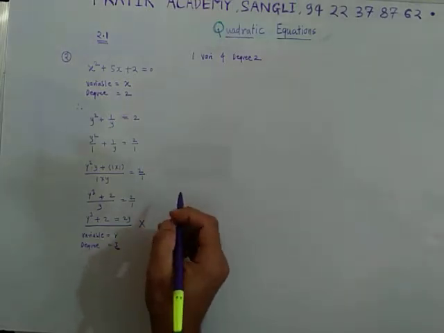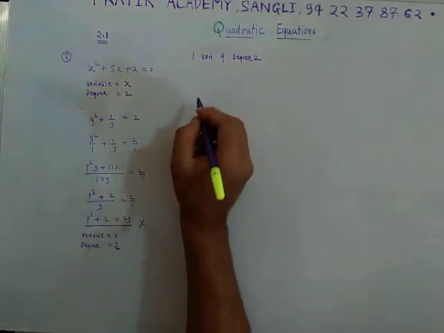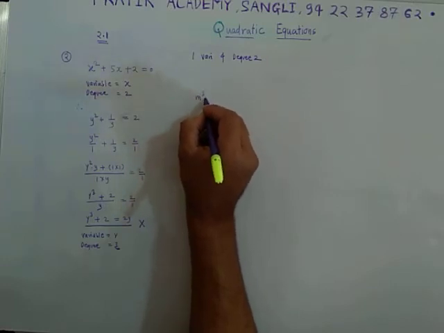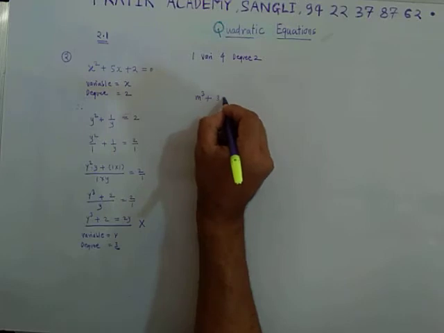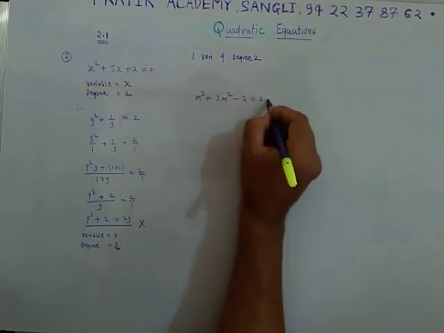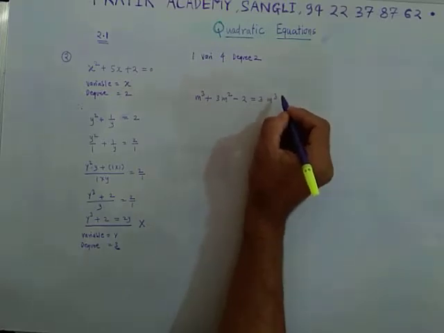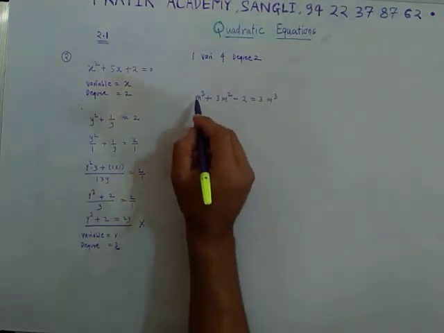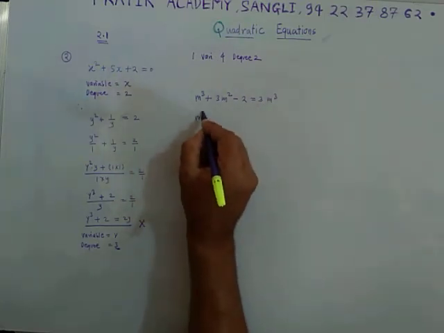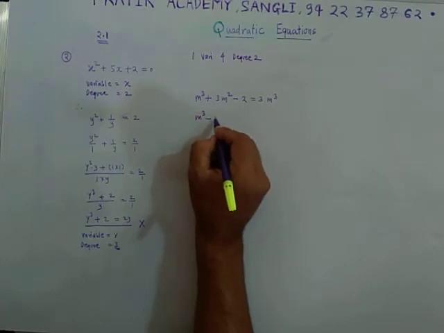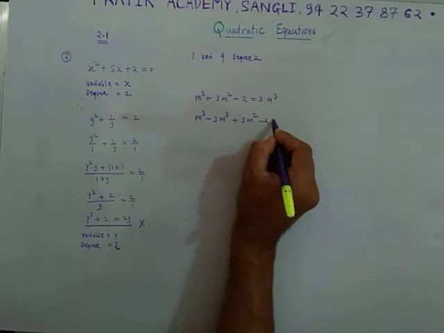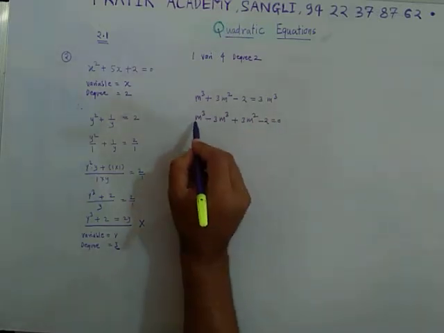In this way, let's take another example. The last one: m cube plus 3m square minus 2 is equal to 3m cube. Here again this is m cube, this is 3m cube. Take similar terms together: m cube minus 3m cube plus 3m square minus 2 is equal to 0.